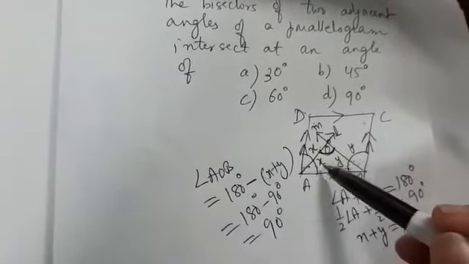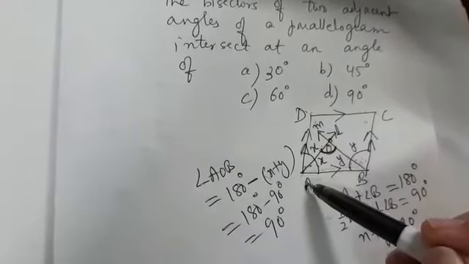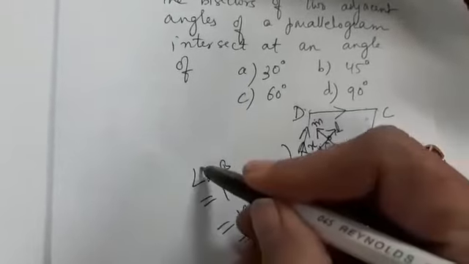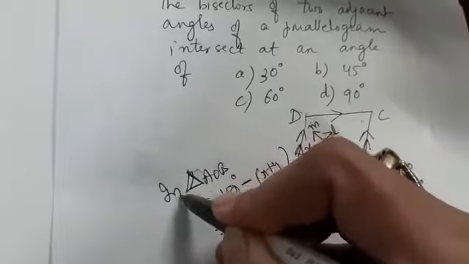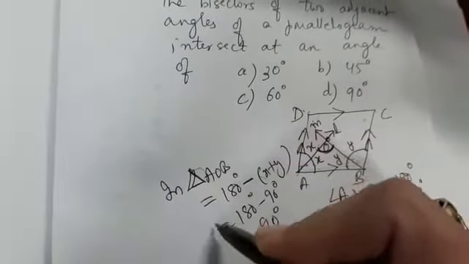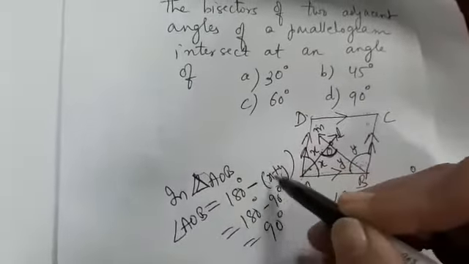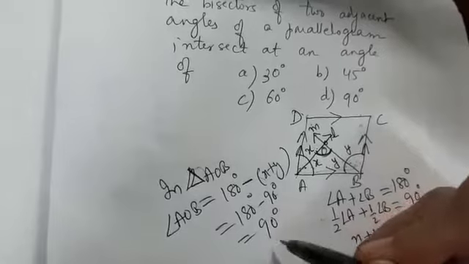So from the figure, x plus y will be equal to 90. Then we can see that in triangle AOB, we have to write down triangle AOB. In triangle AOB, angle AOB is equal to 180 minus (x plus y). So that is 180 minus 90. So the answer is 90 degrees.